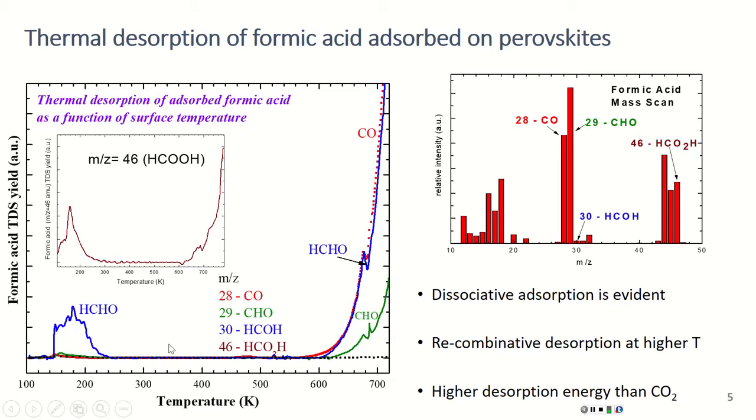And then at high temperature, around 600 Kelvin, we see 3 different mass fragments here. If we compare with the gas phase mass scan, we have very small intensity of this formaldehyde fragment, but here in the multi-mass TDS scan, we have huge intensity of this formaldehyde fragment.